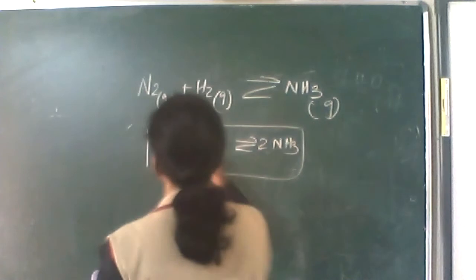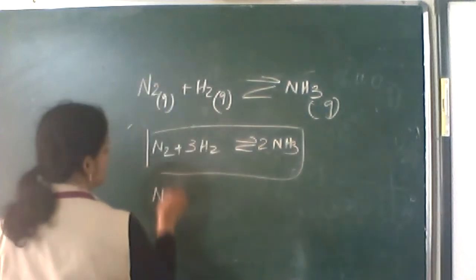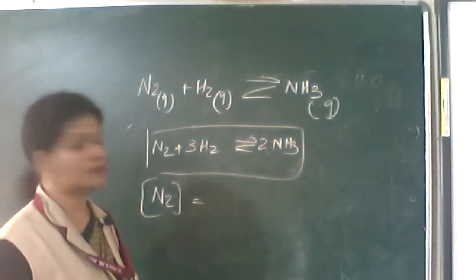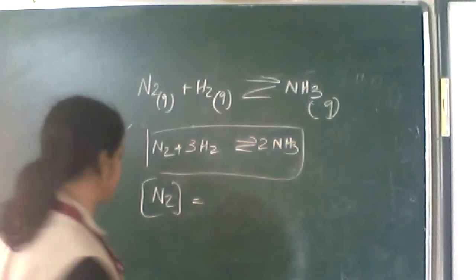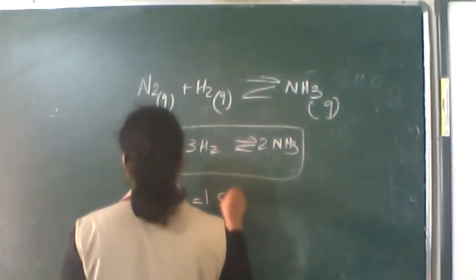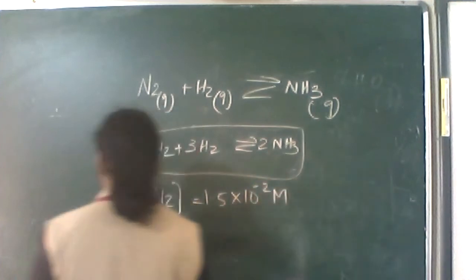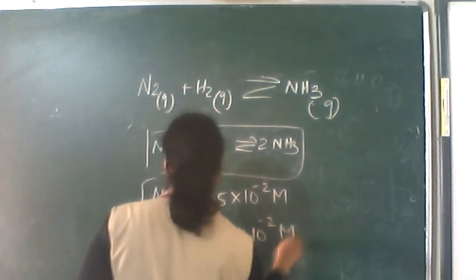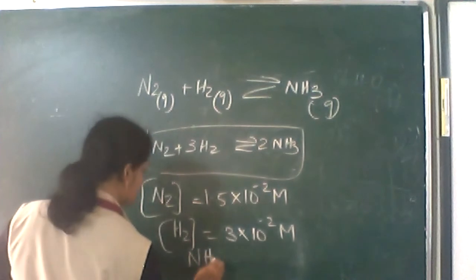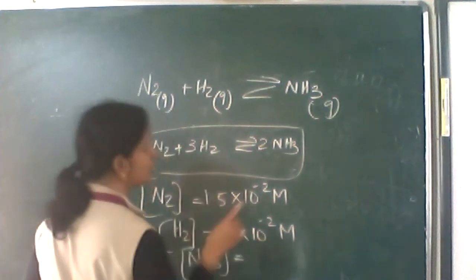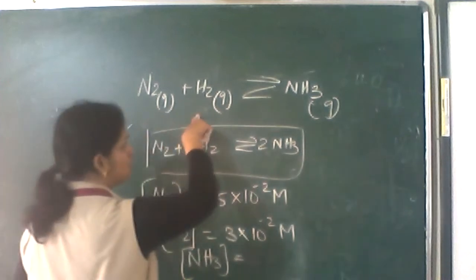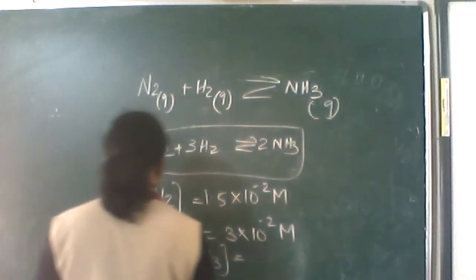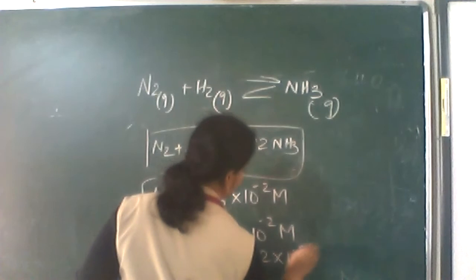Concentration is always put in square brackets. N2 is 1.5 into 10 to the power minus 2 molar, H2 is 3 into 10 to the power minus 2 molar, and NH3, the amount formed and present at equilibrium, is 1.2 into 10 to the power minus 2 molar.